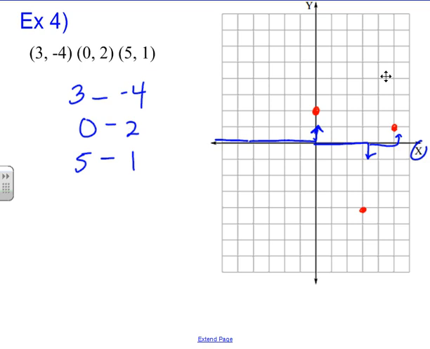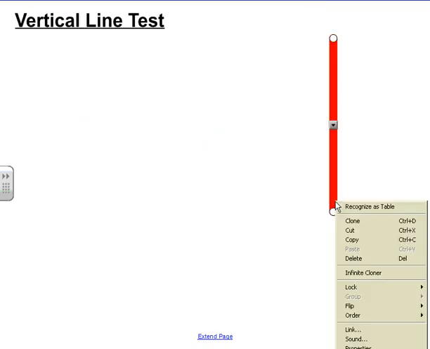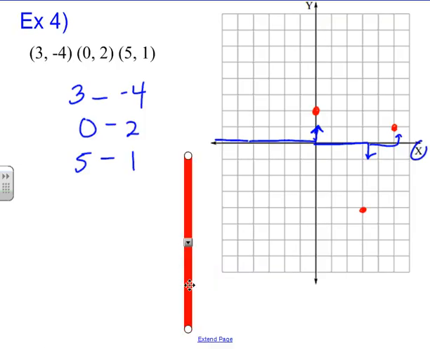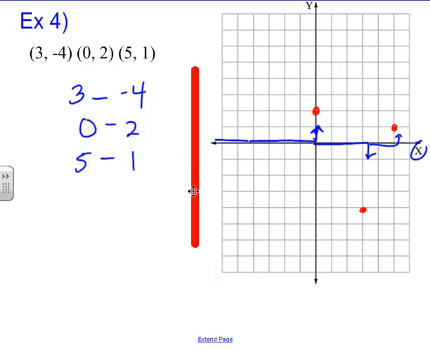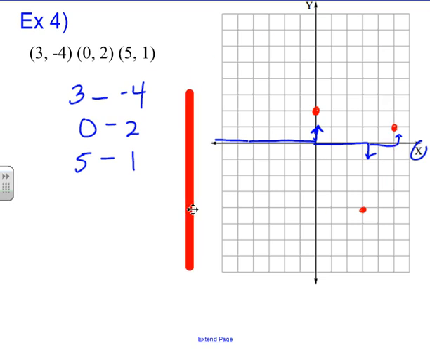A moment ago, I mentioned the vertical line test. If I take this vertical line and apply it here, as I move it across, we can see it only encounters one point at a time. As long as it encounters only one point at a time, it also passes.